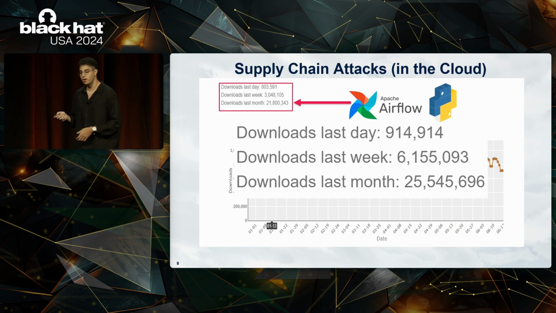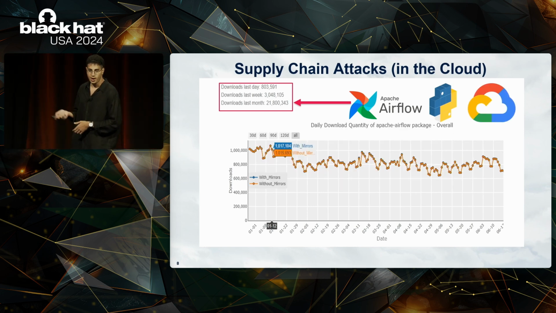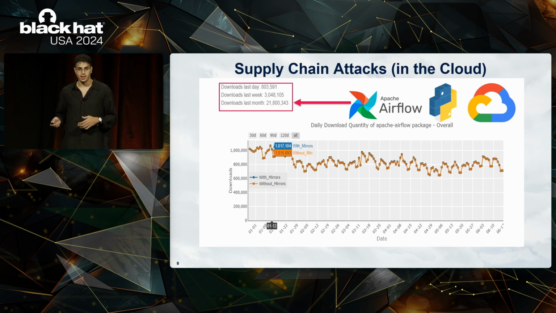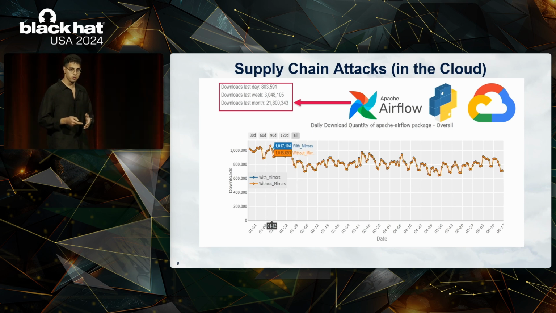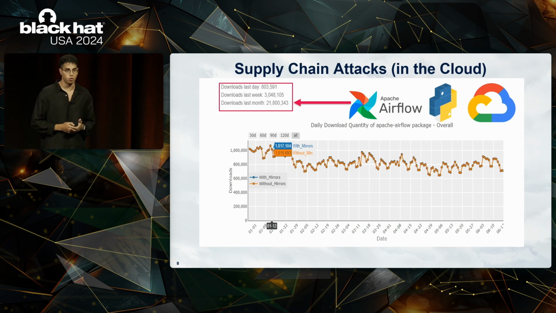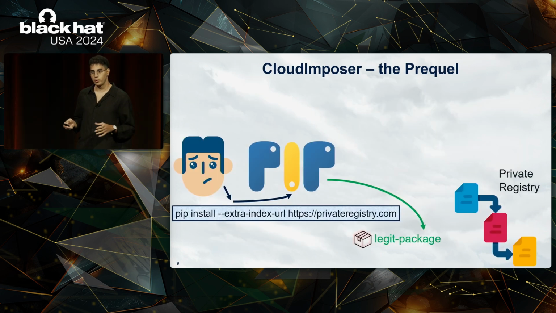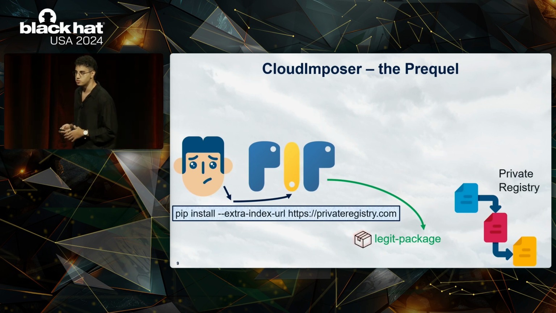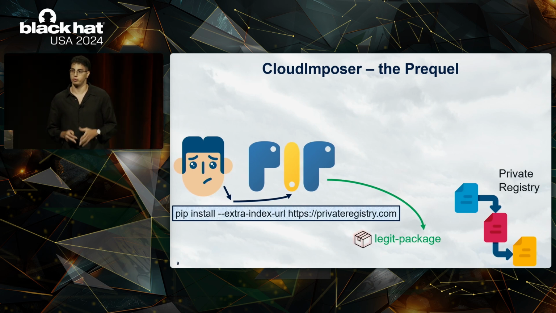And as for the recent month, almost 26 million times. So we can apply these statistics and estimate how many vulnerable users will be in GCP Composer, the managed version of Apache Airflow in GCP. So before we get into the vulnerability, the CloudImposer technical details, let's start with the prequel.